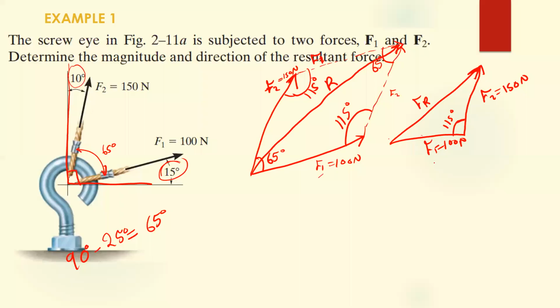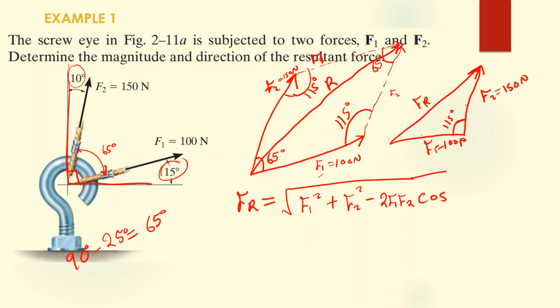So to find FR, FR will be equal to the square root of F1 squared plus F2 squared minus 2 F1 times F2, cos of the angle that is opposite to the force that we're finding.